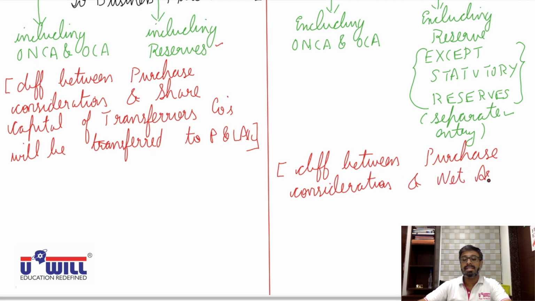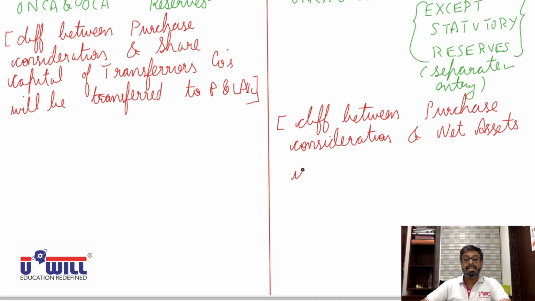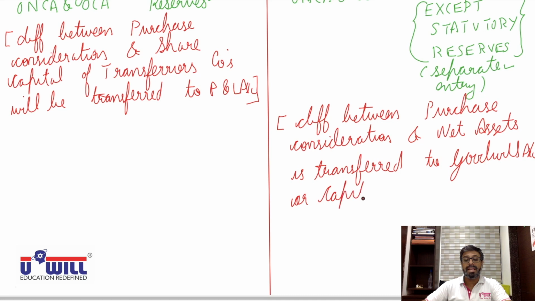Net assets means assets minus liabilities. So any difference between purchase consideration and net asset is transferred to either goodwill account if you are paying more purchase consideration, or capital reserve account if you are paying less purchase consideration.